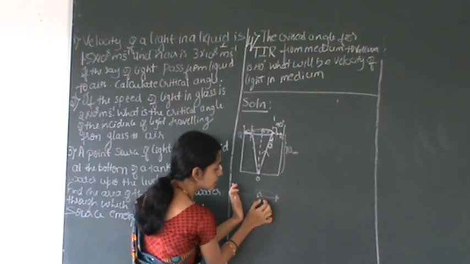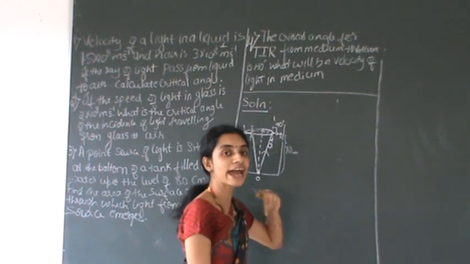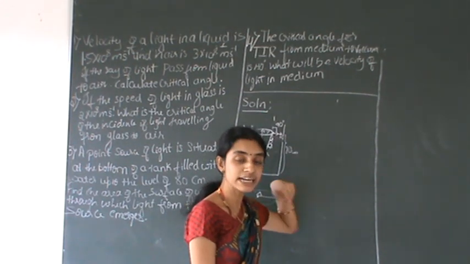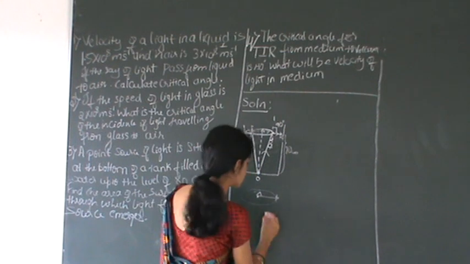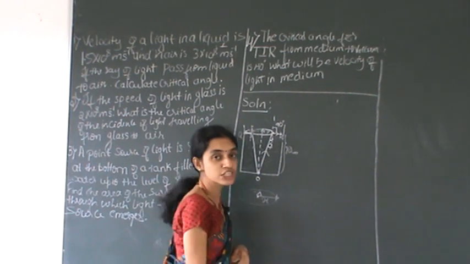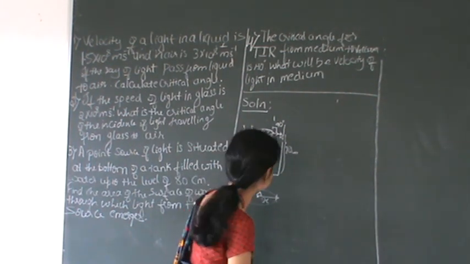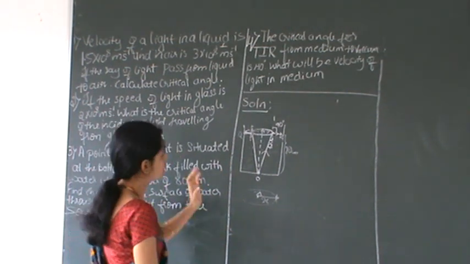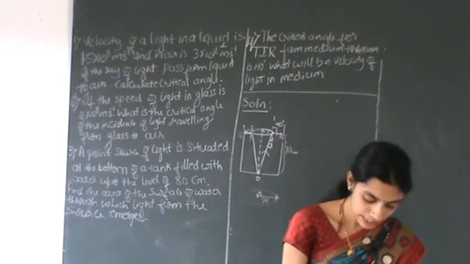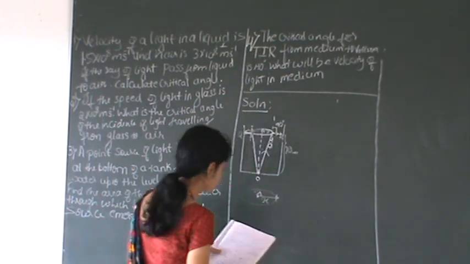For the circle, the distance AP acts as the radius of the circular surface. I will take it as small r, okay. So let's find out the area, okay.